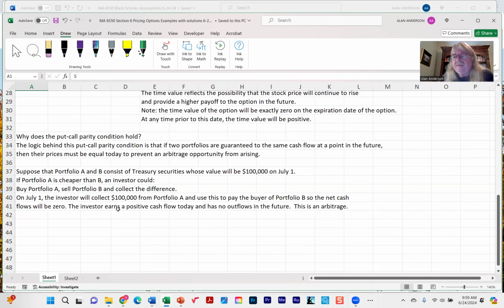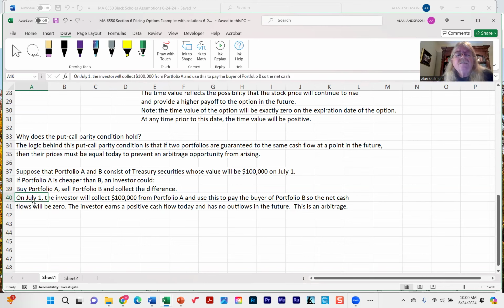And that means you're paying them whatever the face value is at maturity. But in the meantime, you're collecting the market value of this portfolio. So because A is cheaper than B, by assumption, by buying A and selling B, you're putting money in your pocket right now, which should not be possible. They should have the same price.